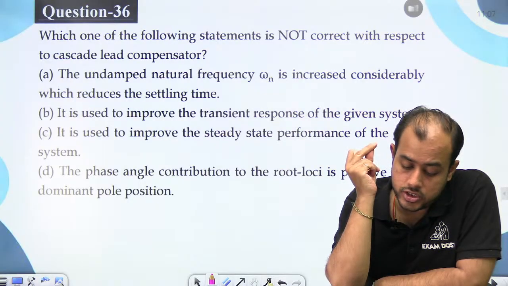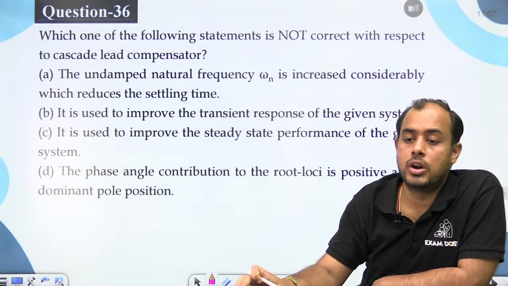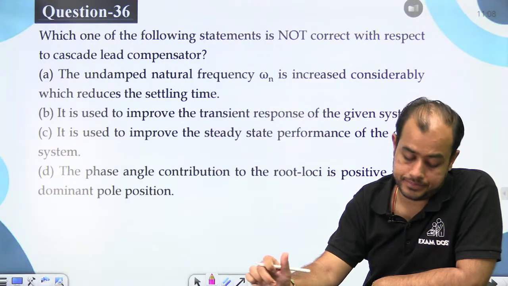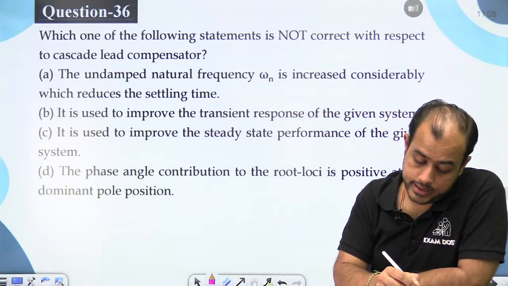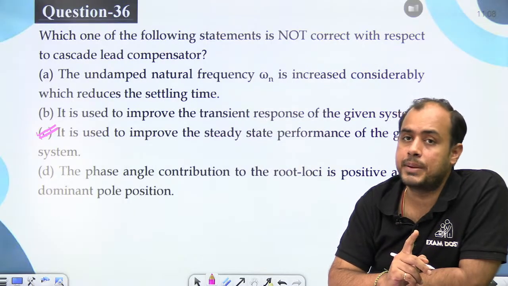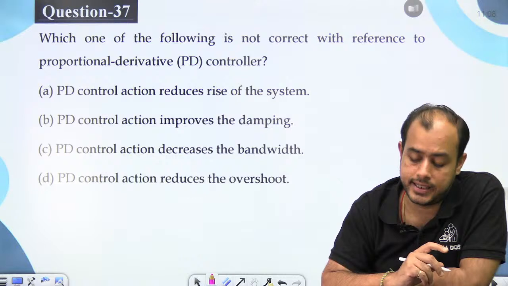ESE 21, which of the following is not correct with respect to Cascade lead compensator? It is used to improve steady state performance. No. लैग कंपेंसेटर एरर रिड्यूस करता है, आपका लीड कंपेंसेटर नहीं.